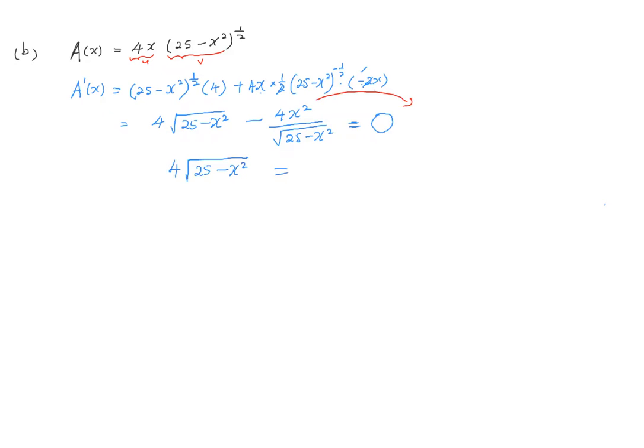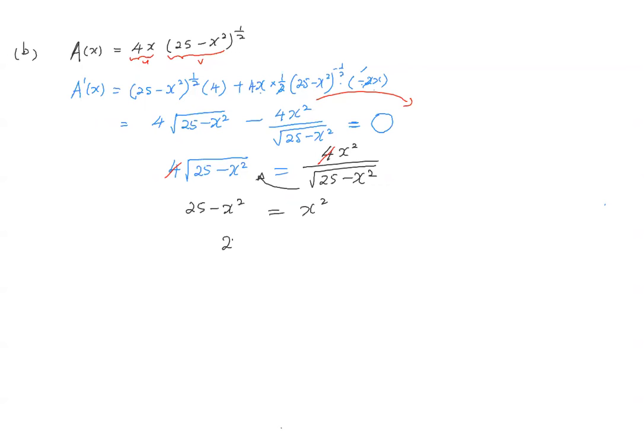So sometimes when you talk about optimum question, correct? You don't simplify it first. Don't have to waste time. You can try to solve it. Put it equal to 0 and then start to solve. Then you bring this over. So both sides also got 4, correct? So I can cancel off the 4. So now I have 25, square root times square root. Yeah, so it becomes 25 minus x squared equal to x squared.